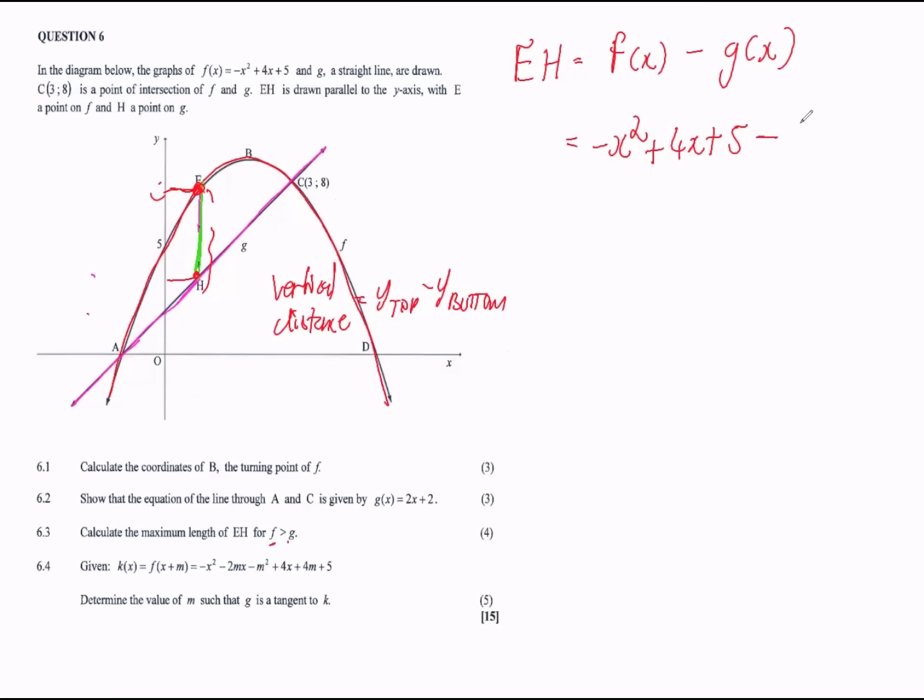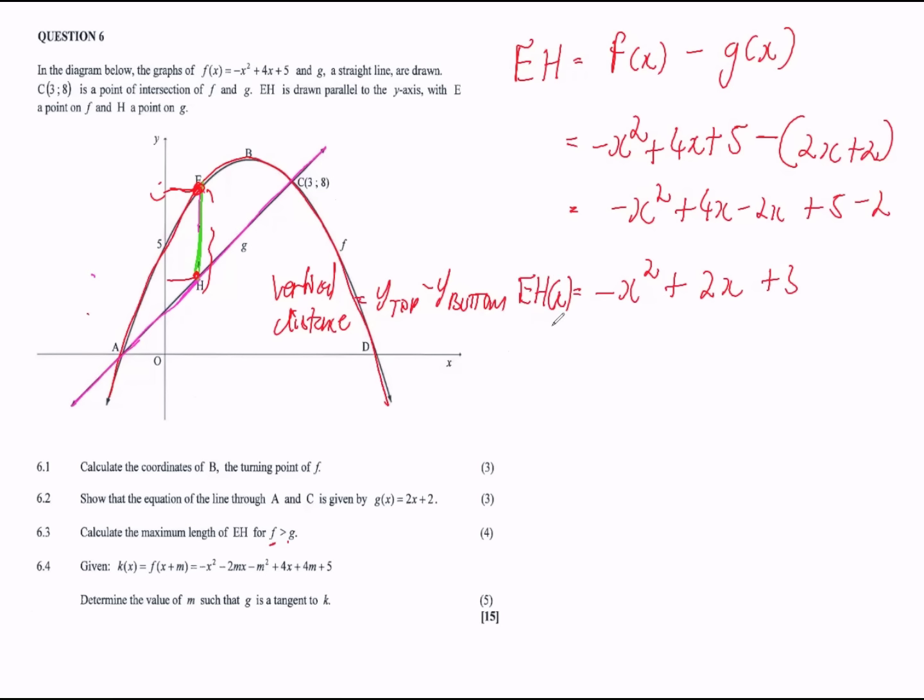So that's minus bracket 2x plus 2. Remember, we have now calculated the equation of g of x. Now this is going to be negative x squared plus 4x minus 2x and then plus 5 minus 2, which is going to give me negative x squared plus 2x and then 5 minus 2. This will give me 3.